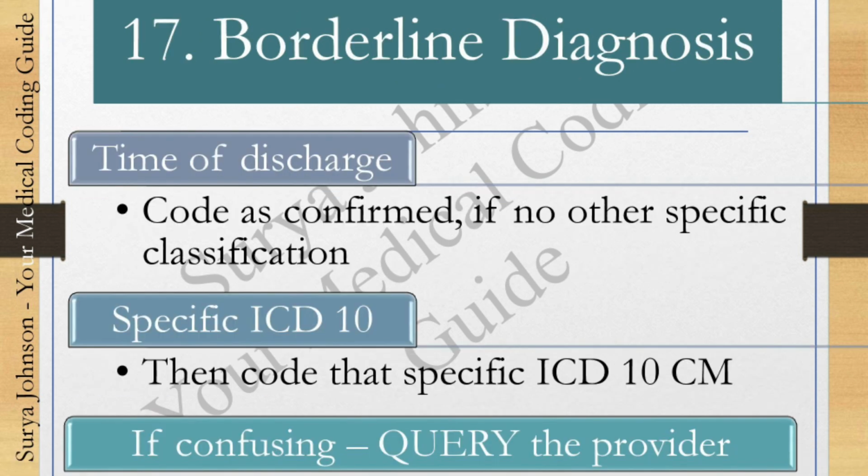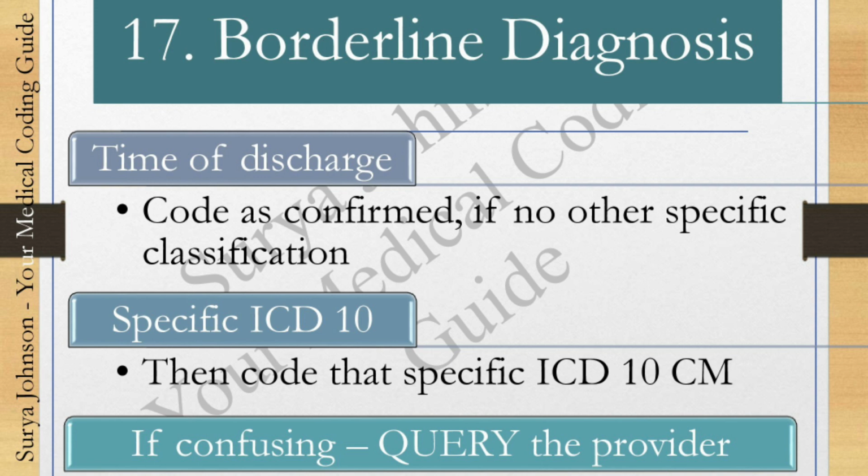For number 17, borderline diagnosis. So what is a borderline diagnosis? At the time of discharge, you should code the confirmed diagnosis. If the doctor has documented that this is a borderline diagnosis, then because there is no confirmed diagnosis established, you can code the borderline diagnosis as a confirmed one.